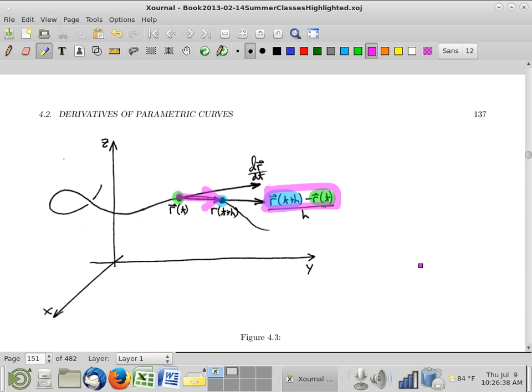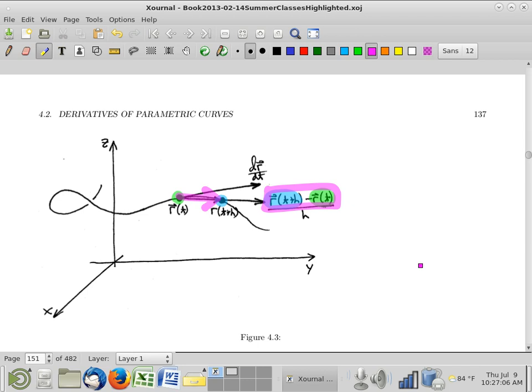Okay. Now we know we're going to be taking a limit, right? So these points are going to be getting closer and closer to each other as this h gets smaller and smaller. The times t and t plus h are more and more nearly close. They're almost exactly the same time. So this difference vector, that's a secant vector, is going to be becoming more and more like a tangent vector.